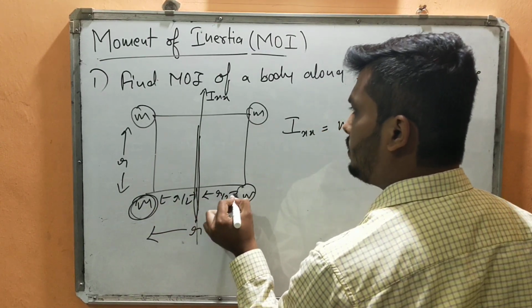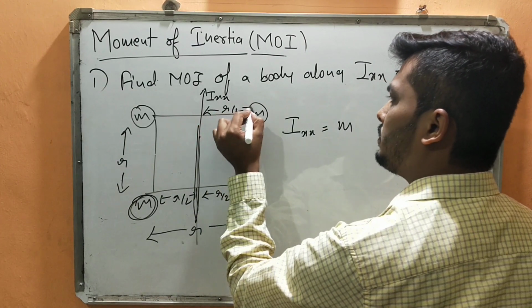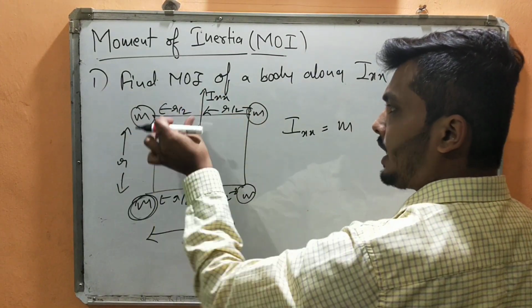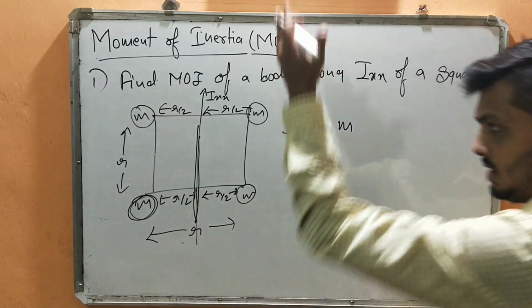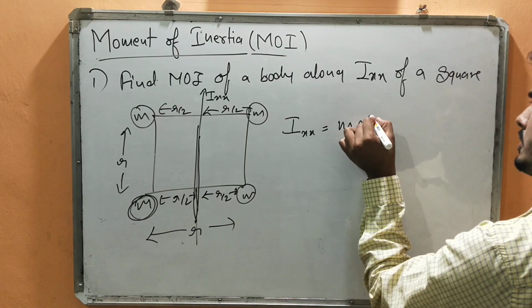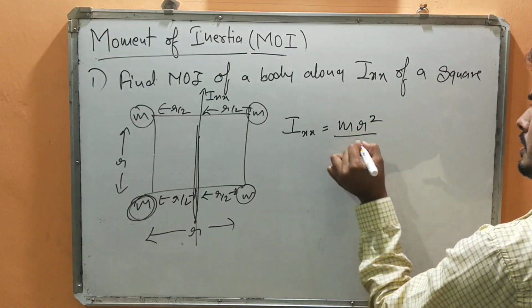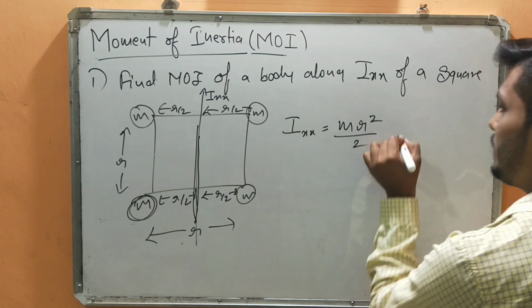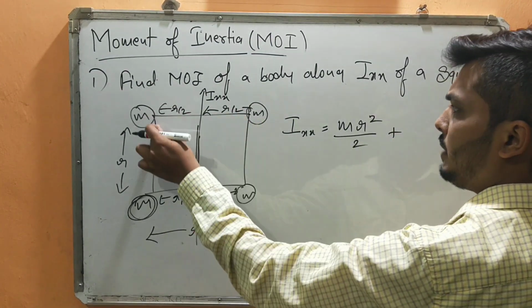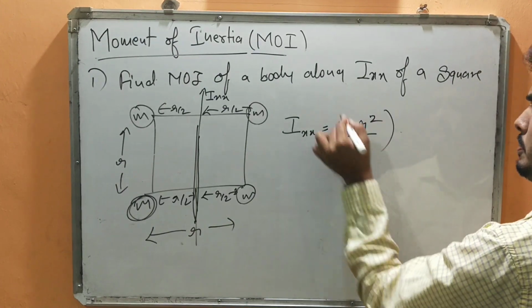This will be r/2, and this will also be r/2, as well as this will be r/2. The total distance is r from this axis. This distance will be what? r/2. It is passing through the center of mass. So here it will be mr²/2. Yes or no? Plus here also this will be mr²/2, mr²/2, and mr²/2. So how many times mr²/2?